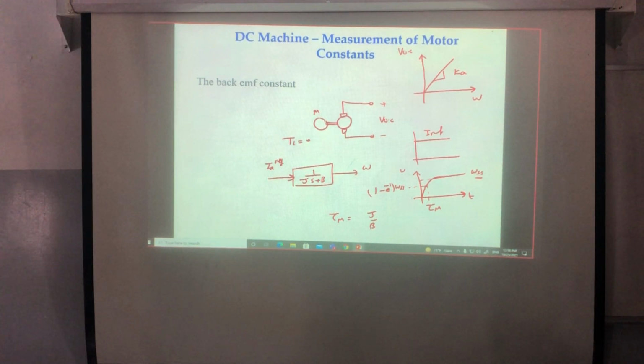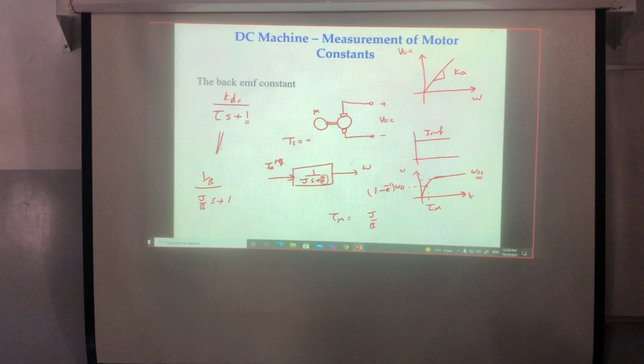Now simply for a first order system, the general form is a DC gain, K DC, over tau S plus 1. So if I need to calculate the time constant, this means that this must be 1 coefficient. So in order to find the time constant here, what do I need to divide by? By B. So I will have 1 over B over J over B S plus 1.